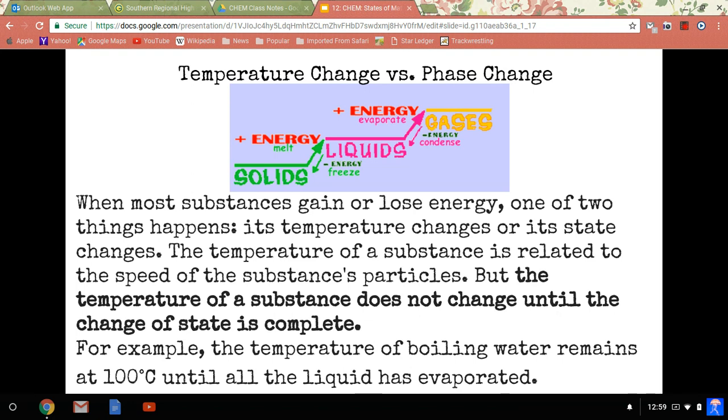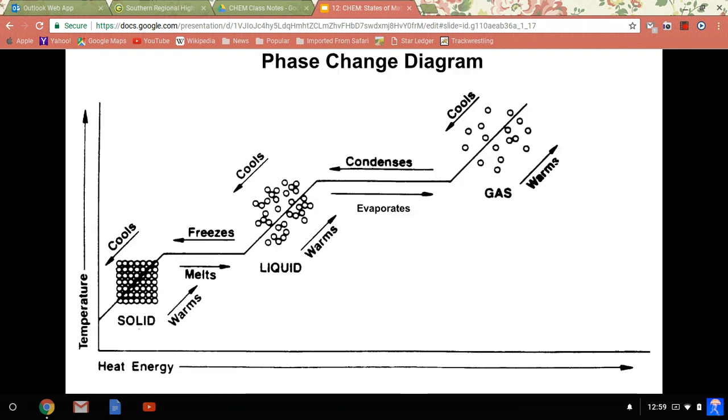So during a phase change, temperature remains constant because all of the energy is being used to break apart those particles and break apart those attractions that it has. Take a look at this diagram.